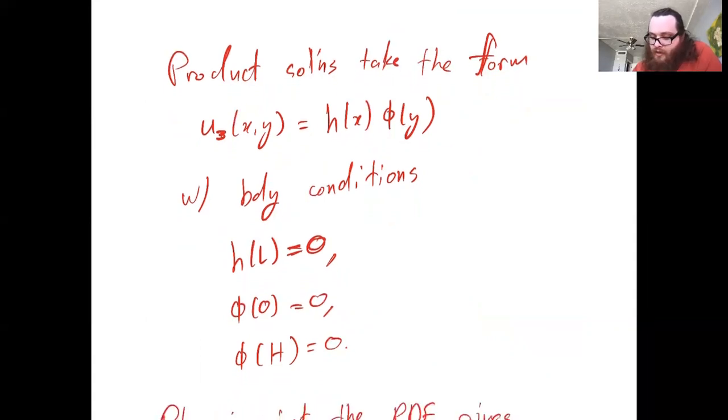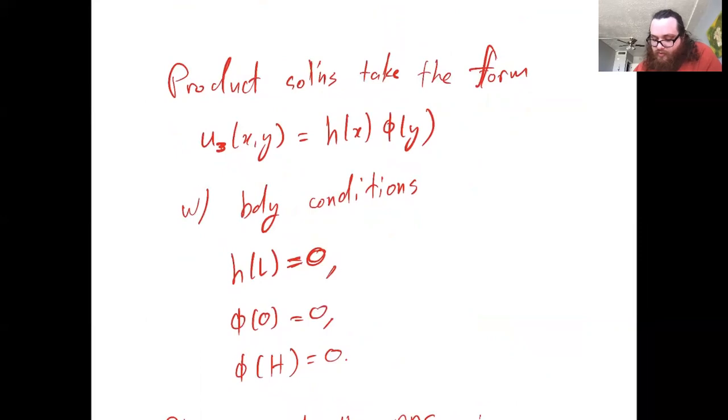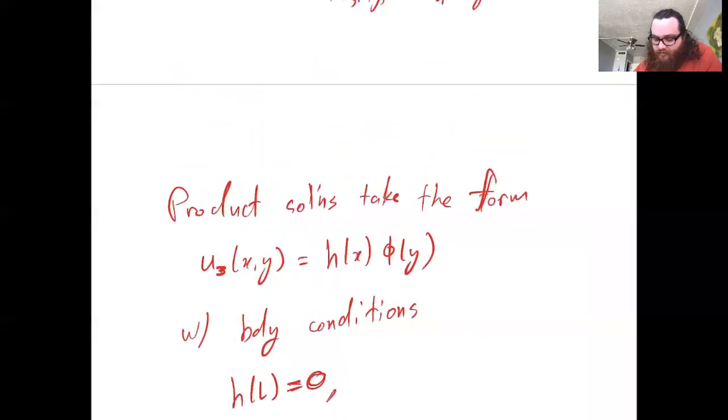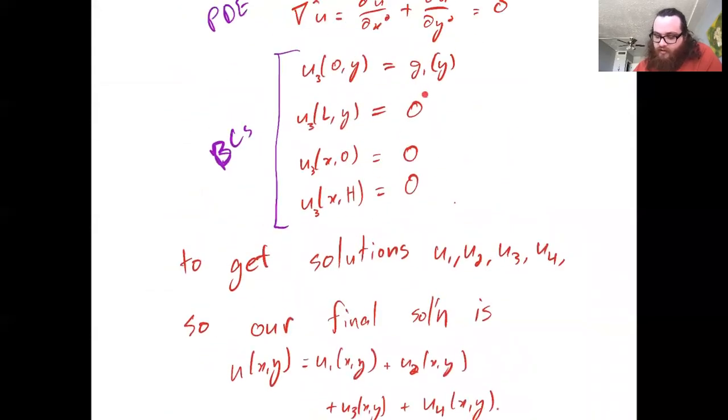Okay. And so the homogeneous boundary conditions that we have are, well, h of L is equal to 0. And again, this comes from this condition right here, right? Because u sub 3 is equal to h of x phi of y.